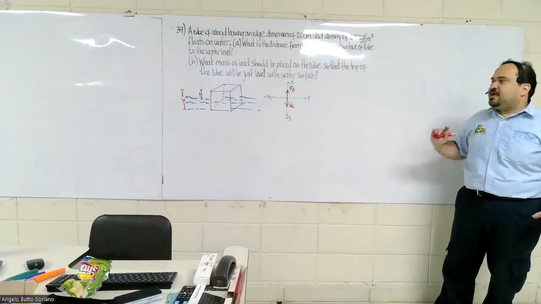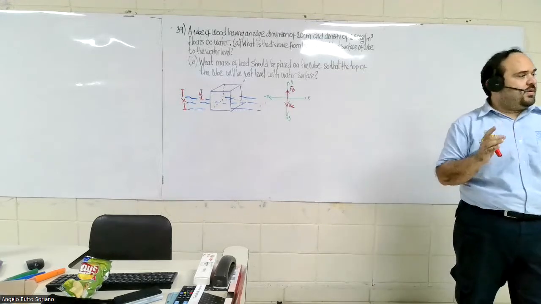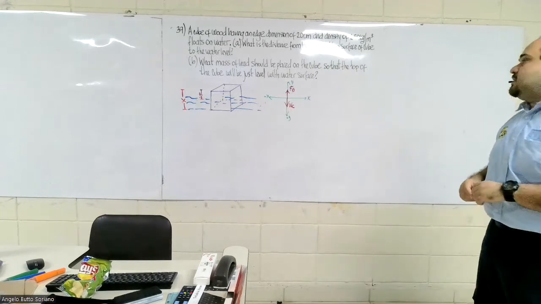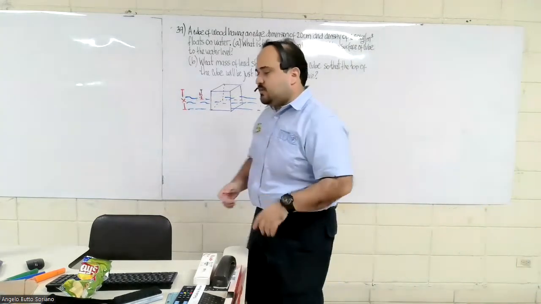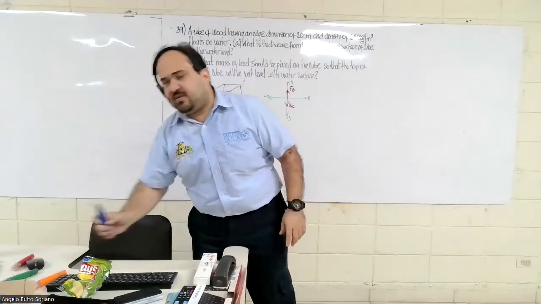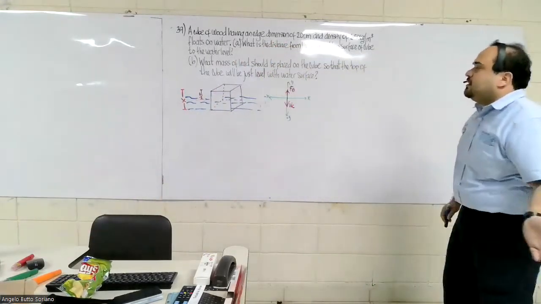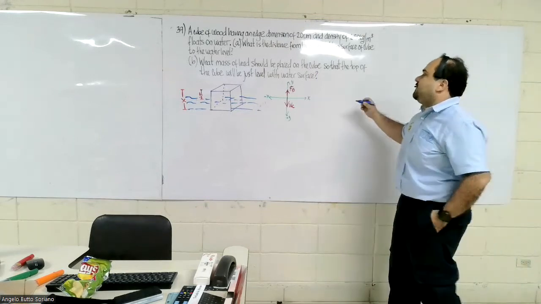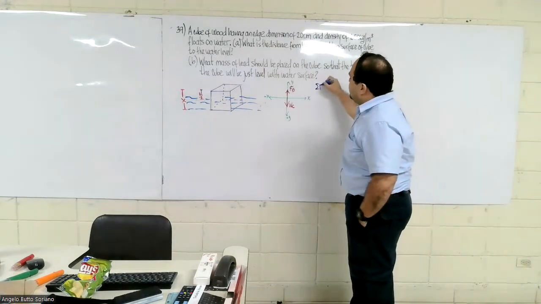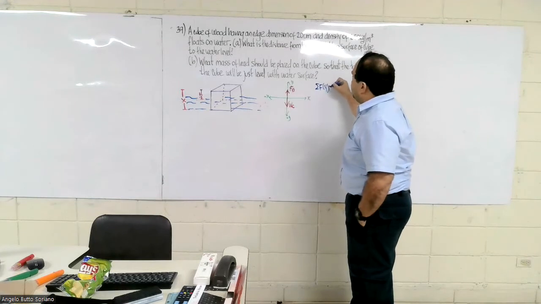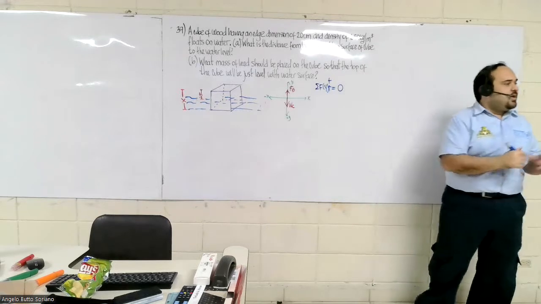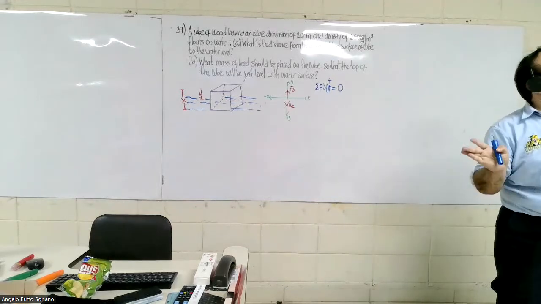So basically, the cube is not moving. It's just at rest. It's only floating on water. Okay. So because we have the same position, at rest, we're going to start with the addition of y forces. The addition of y forces, upward positive in this case, will be equal to 0 because there is no movement in the cube.